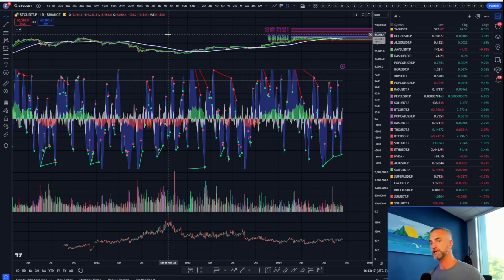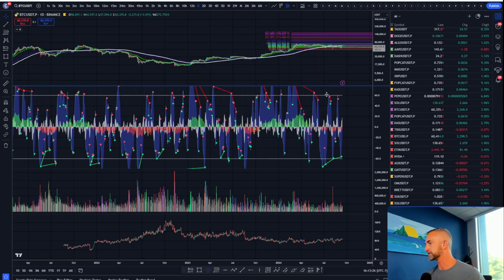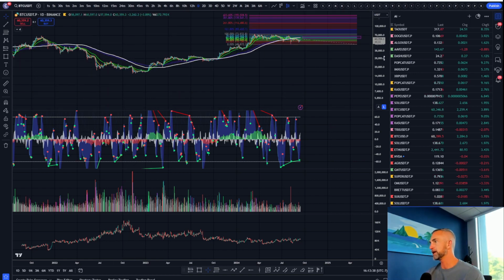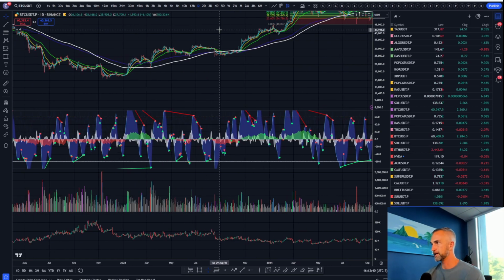That's interesting. Very interesting. Just an interesting side note. As open interest is coming down, so shorts are getting squeezed there. Price is going up, right?